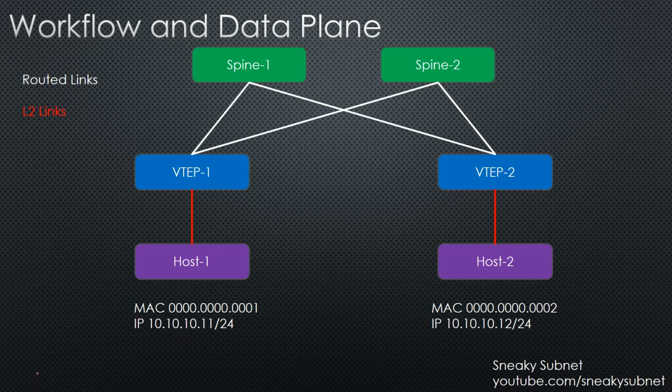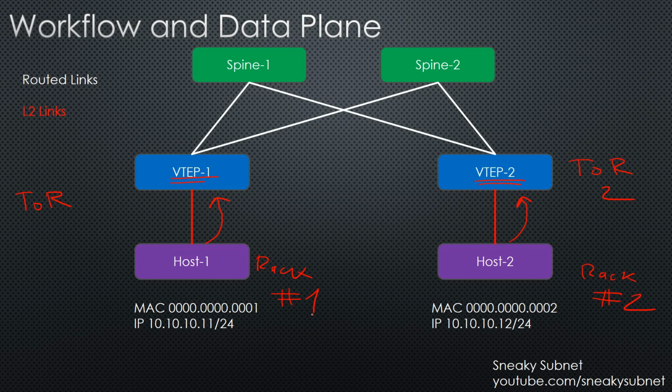What do we have next? Host number 1 is connected physically to VTEP number 1, and VTEP number 1 is our top of rack switch. This is basically a fancy name for a device which will be doing VxLAN encapsulation and decapsulation. Same story here. Host number 2 is connected to VTEP 2, which is top of rack switch number 2. So this is our rack number 2, and this is our rack number 1.